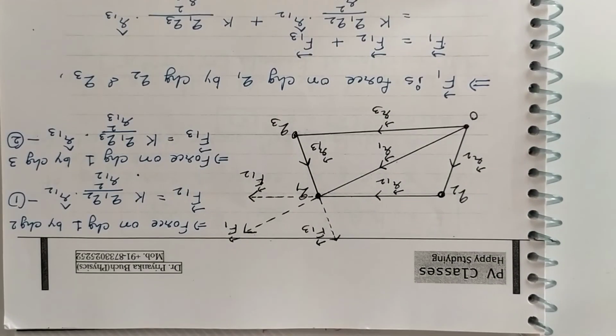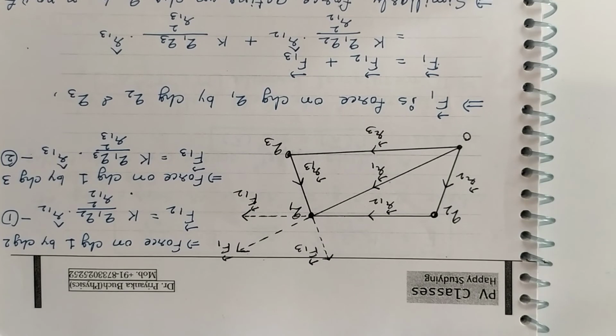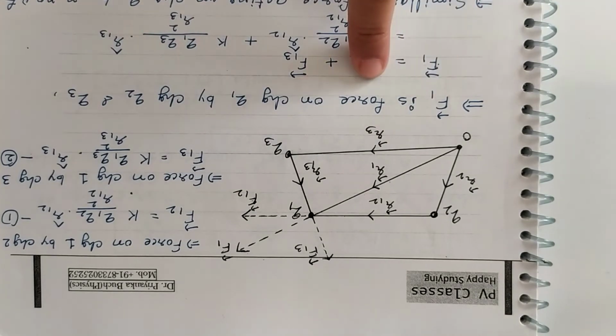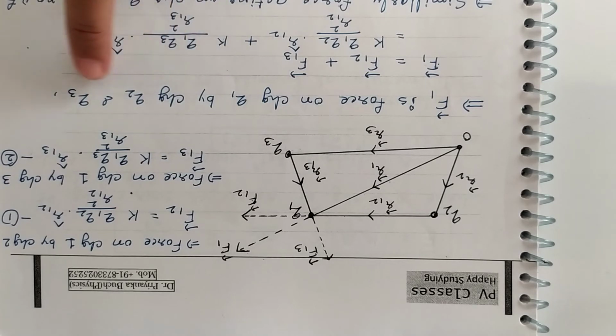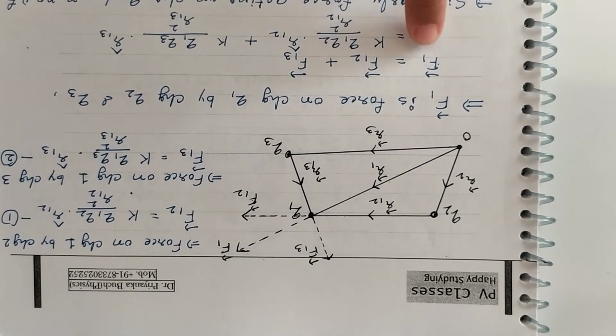Now, next, F1 is the force on charge Q1 by charges Q2 and Q3. We are just combining these two forces. Let us recall, F1 is equal to F12 plus F13.